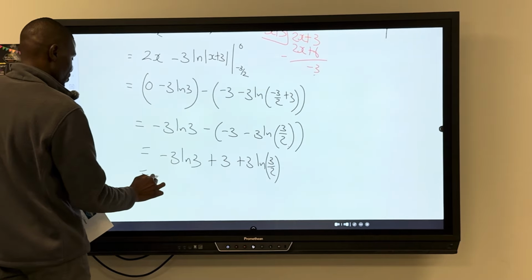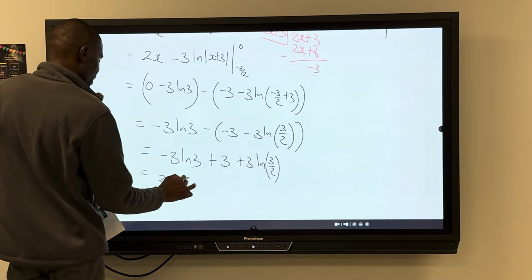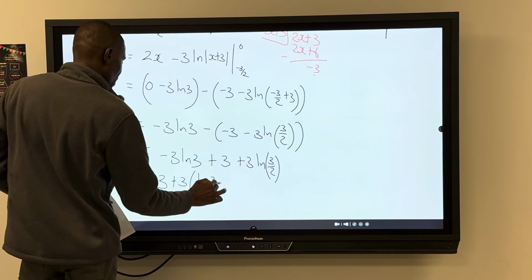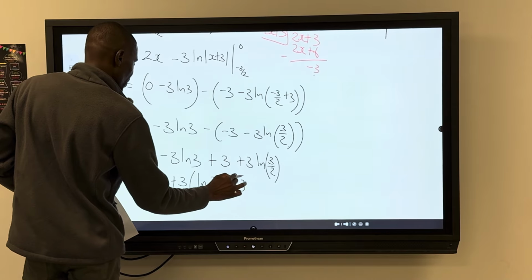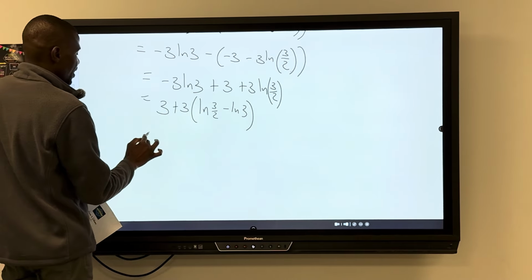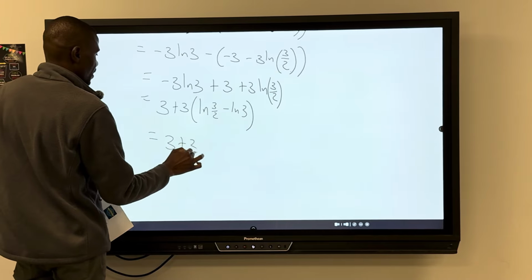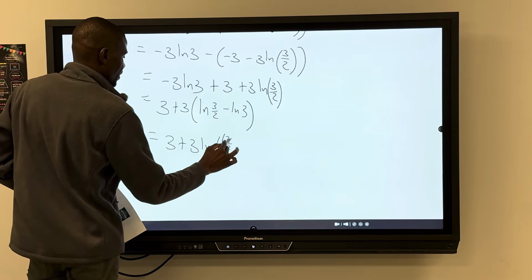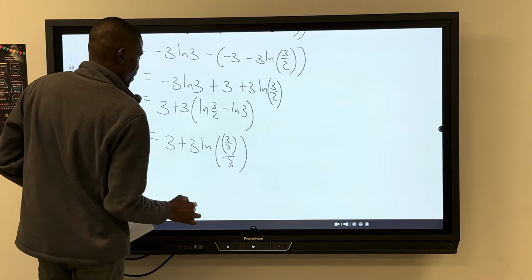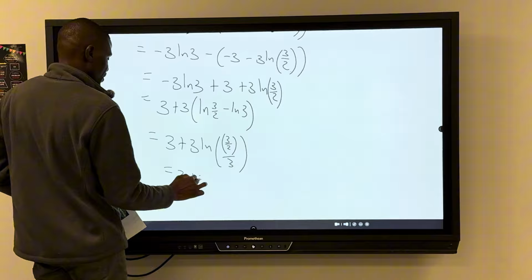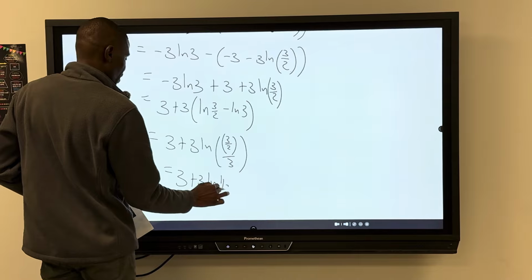So it's going to be 3 plus 3, then it's ln(3/2) minus ln 3, right? So we can apply the laws here. So it's going to be 3 plus 3 ln of (3/2) divided by 3, which is equal to 3 plus 3 ln(1/2).